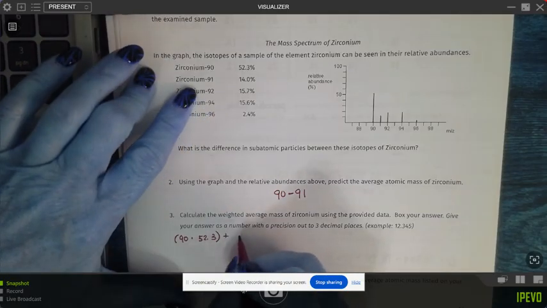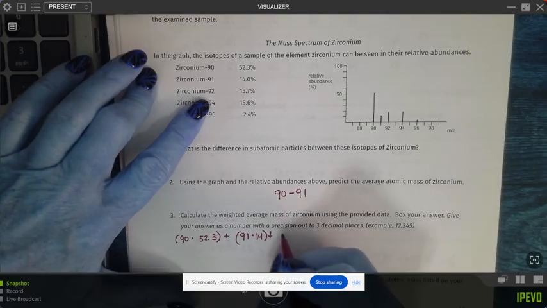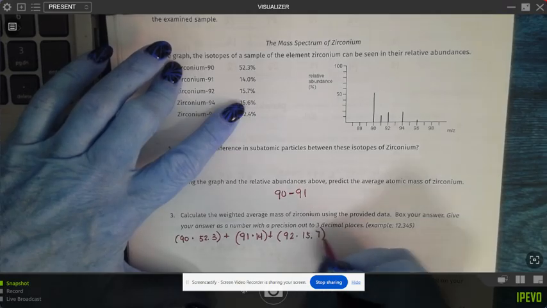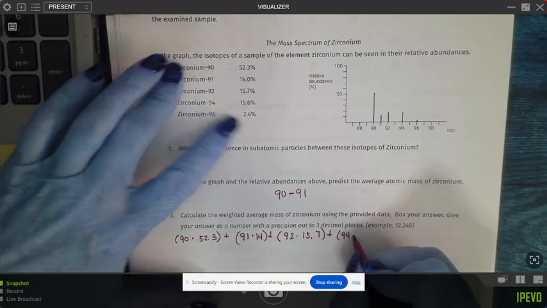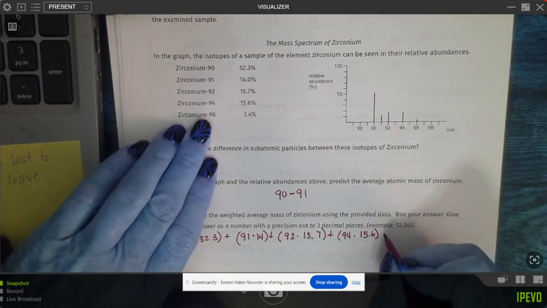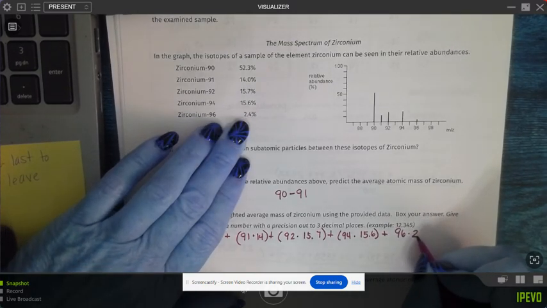I'm going to add that to isotope 91, which has a natural abundance of 14. Isotope number 3 has a mass of 92 and a percent abundance of 15.7. Zirconium-94 has an abundance of 15.6. And finally, zirconium-96 has an abundance of 2.4.